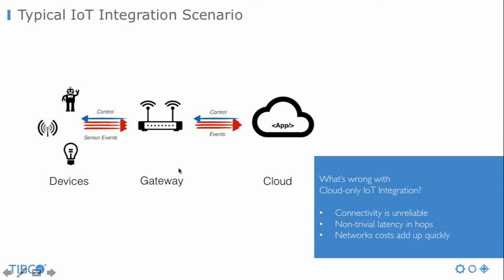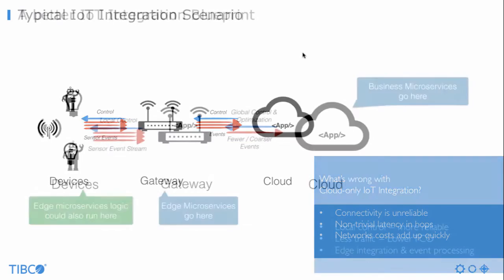What's wrong with this is the connectivity from the cloud or from the on-prem server to the devices is unreliable, and there is a lot of non-trivial latency issues in all these hubs all the time. And also the network costs are adding up quickly, and they are really getting significant. If you use more and more Internet of Things devices, this gets more and more expensive also. So you have a lot of issues here.